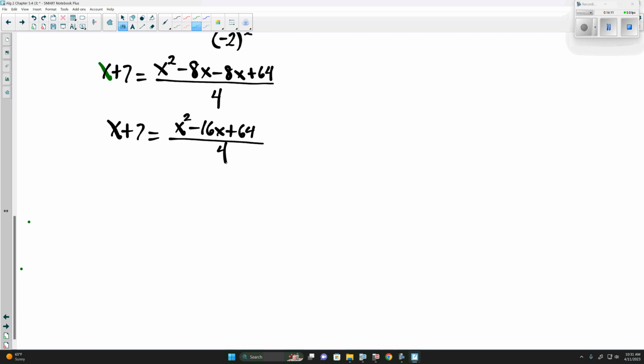Now, the next thing that's kind of making things a little bit challenging is the division of 4. Would we agree with that? So there is a nice trick that we can do. Because if we multiply the entire right side by 4, the 4 cancels.